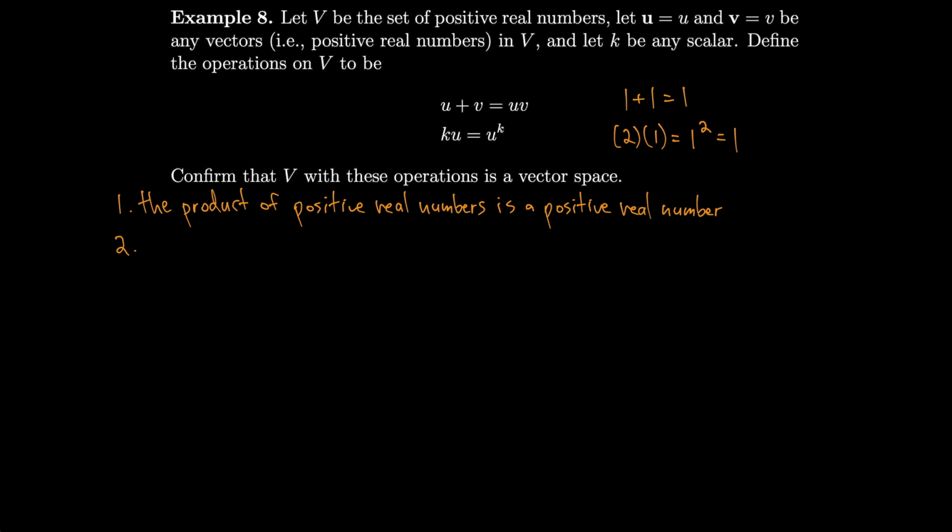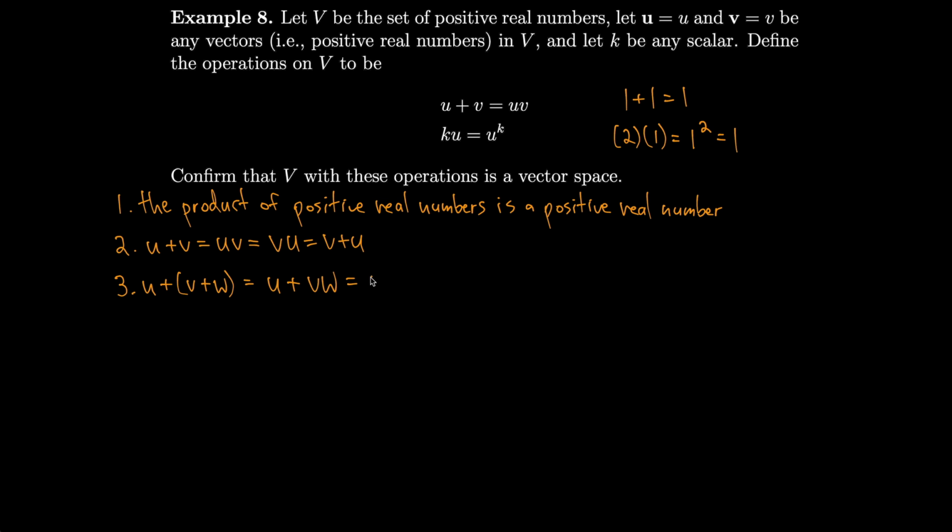Let's look at commutativity of addition. If we take u plus v, in this case that's u times v. Remember, regular multiplication is commutative, so that's just vu. We could just switch that order, which is v plus u. So it is commutative. Let's look at associativity. u plus v plus w is the same as u plus vw, because that's what addition is.